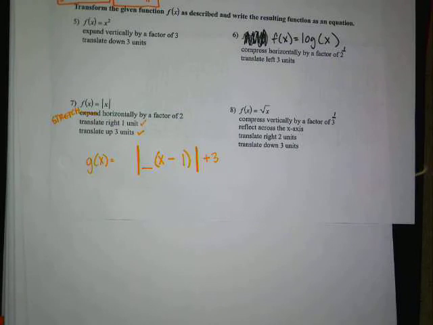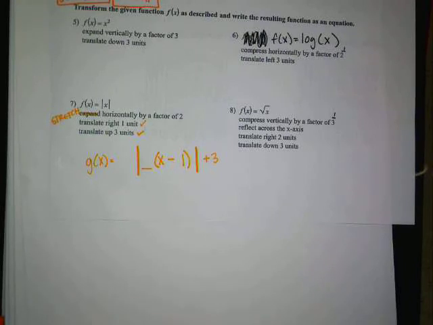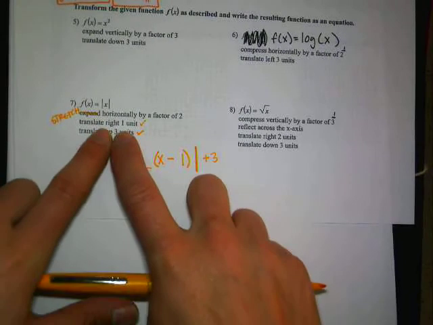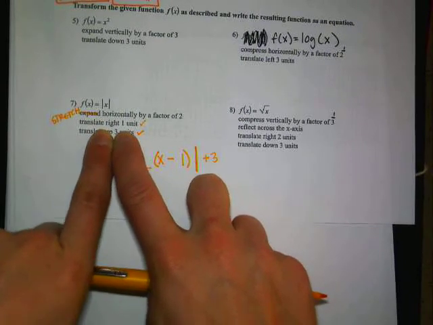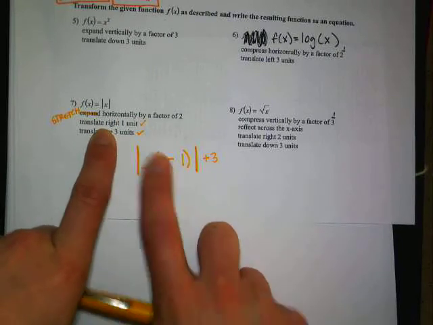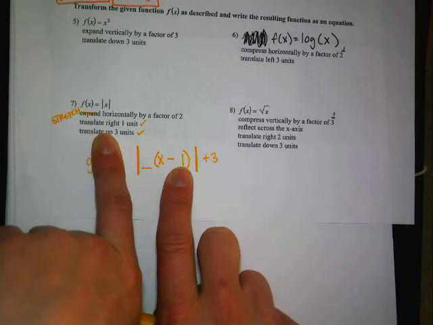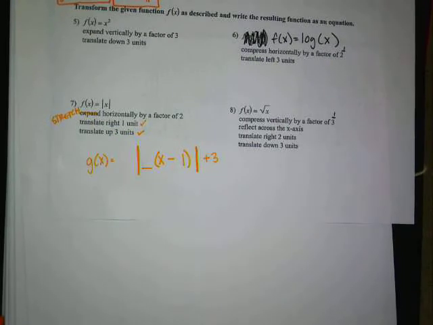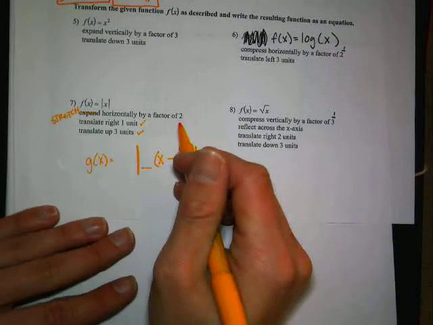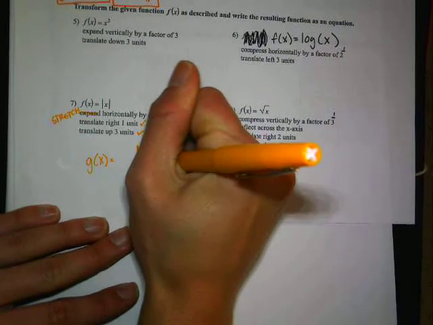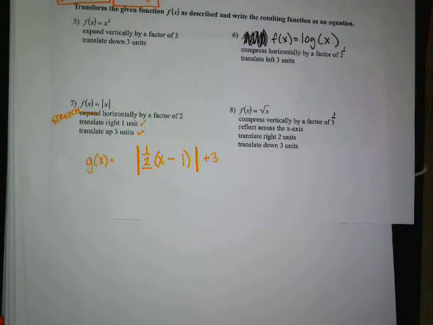Now, whenever you do something on the inside, it's always weird, right? It's always backwards. When you're talking about left and right, you think backwards. So if it's right, it's a negative. If it's left, it's positive. When we're talking about a number that we're multiplying, we also have to do it backwards. So instead of 2, it's 1 over 2. You take the reciprocal.